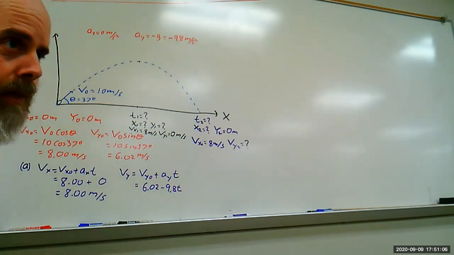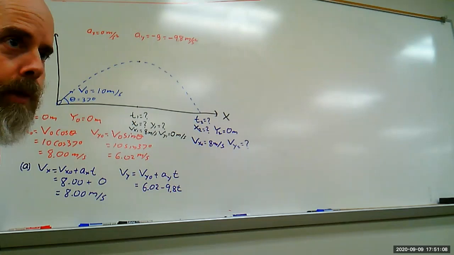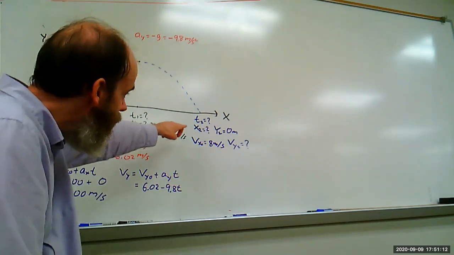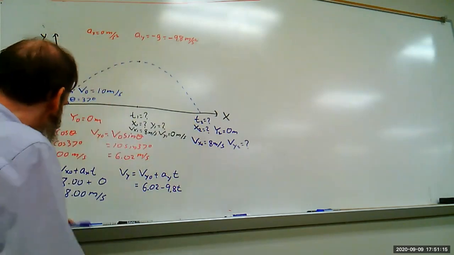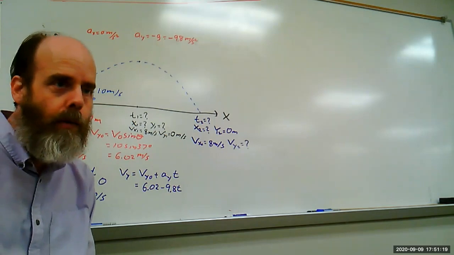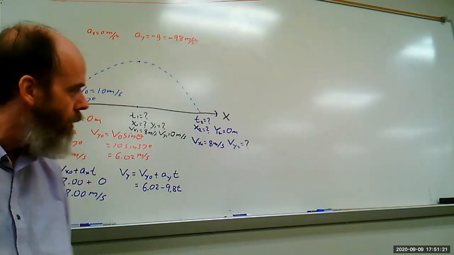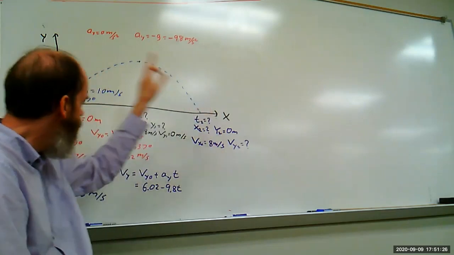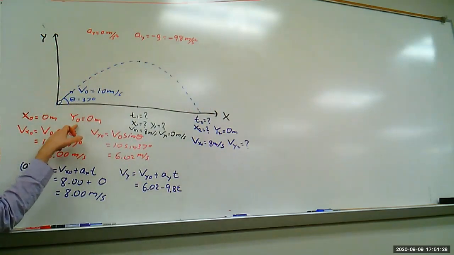The next part asks, how much time did the football spend in the air? So we need to find t2. To find that, let's write down the y equation, because we know the final position in y, and we know the initial y position.